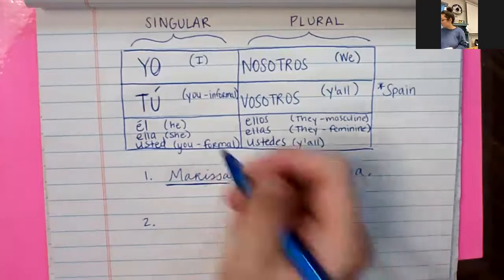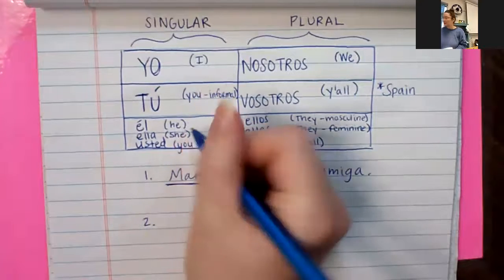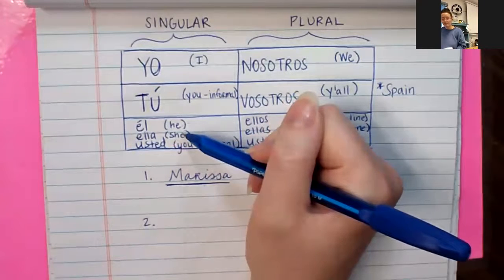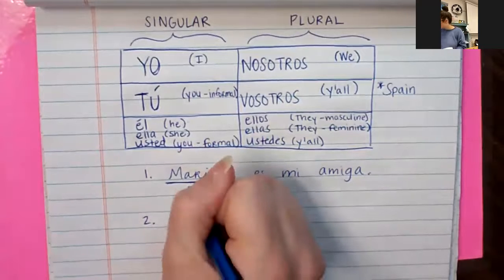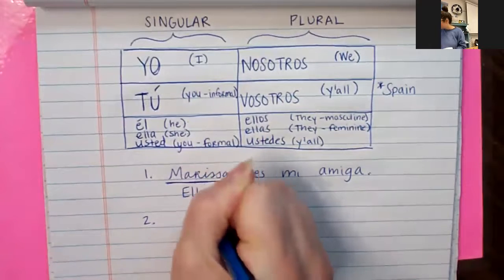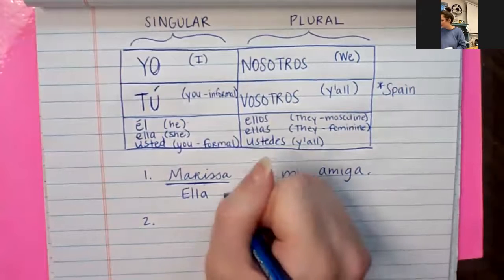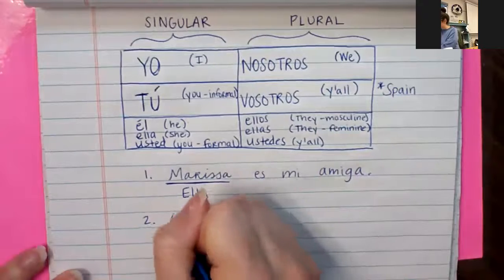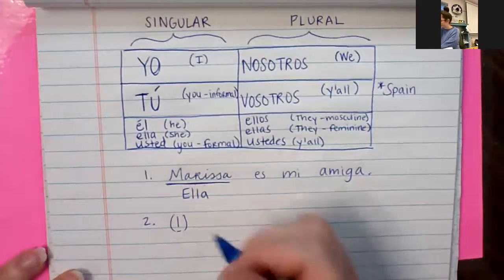So we know it's either going to be he or she. Those are the only 2 that really sound good. They sound correct. And then Marissa is a girl's name. So the answer would be ella es mi amiga. She is my friend. So it has the same meaning, just in Spanish.